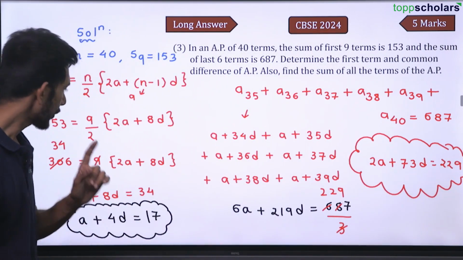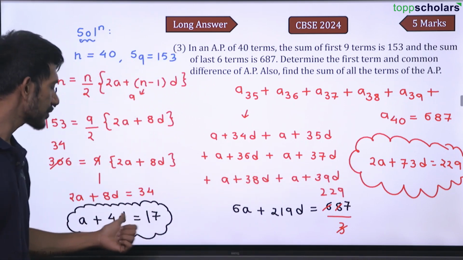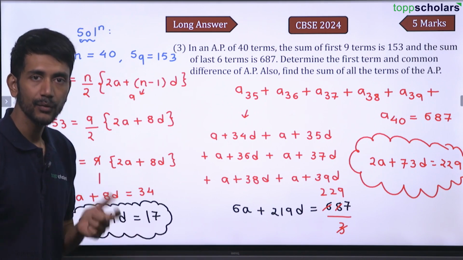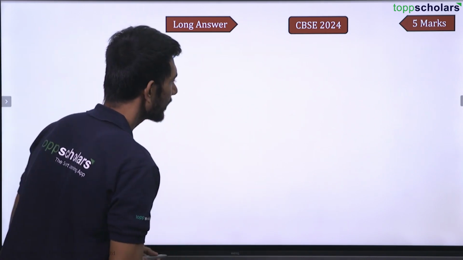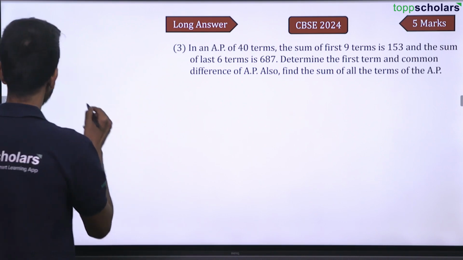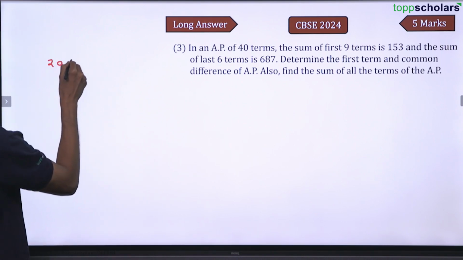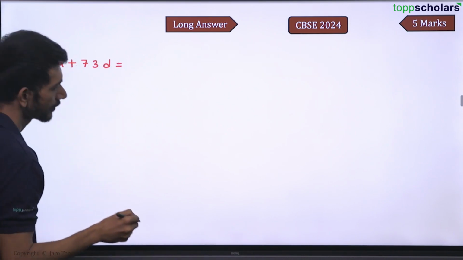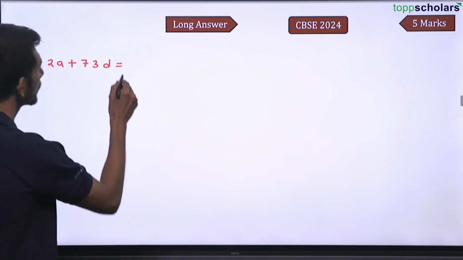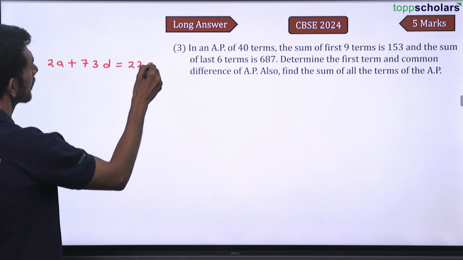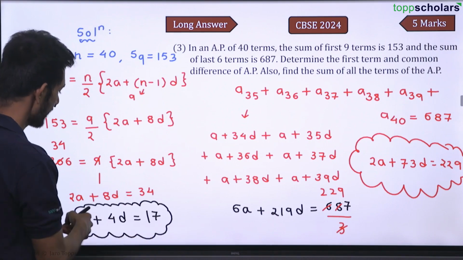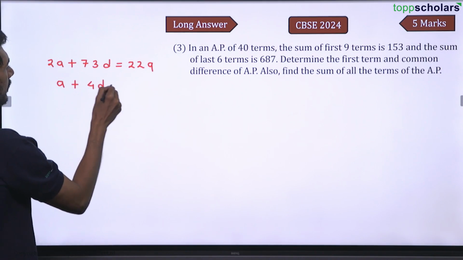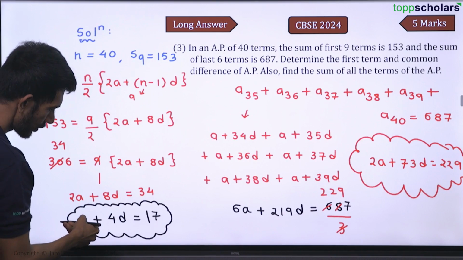Now what you do is you take this equation, solve both the equations simultaneously, and then see what is the value of a and d that you get. So 2a plus 73d is 229, and then you have a plus 4d is equal to 17.